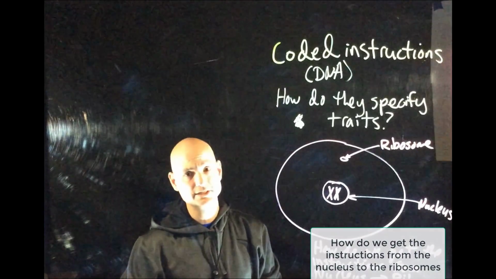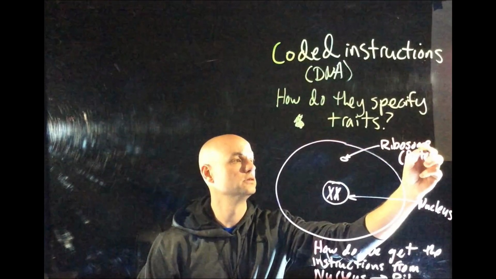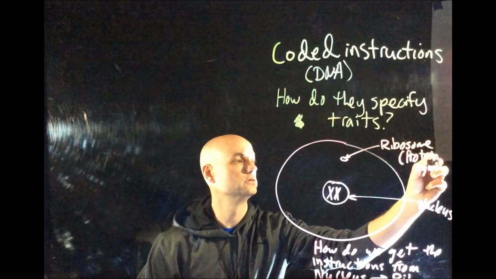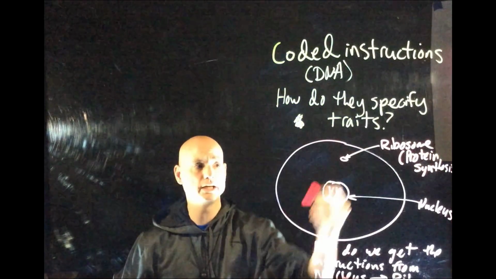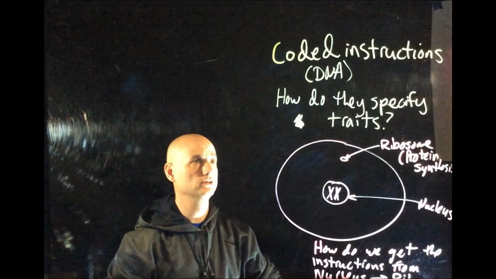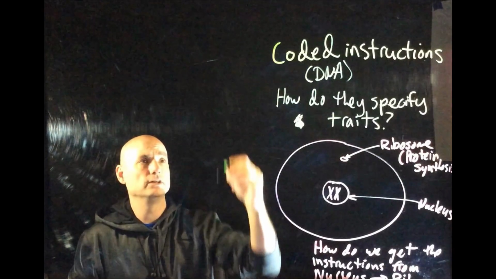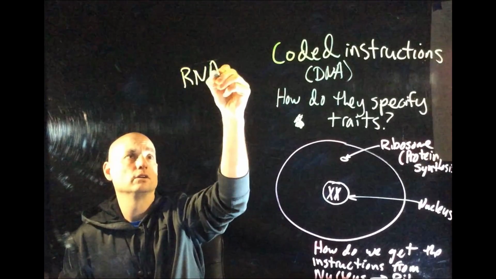That's where protein synthesis takes place. So we're going to need an intermediate. We're going to need something to carry the message over. And so we're going to bring in a next player. And the next player is RNA.